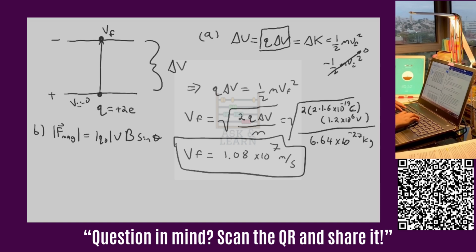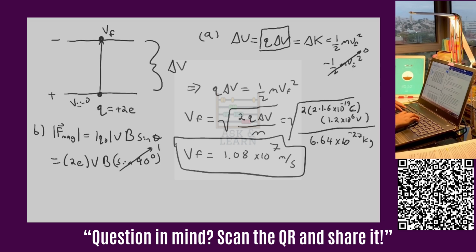We have a charge of 2e for our particle. We just figured out how fast it was going. We are given the magnetic field magnitude, and we're told that the magnetic field and the velocity are always perpendicular, and therefore we have a sine of 90, which is 1.